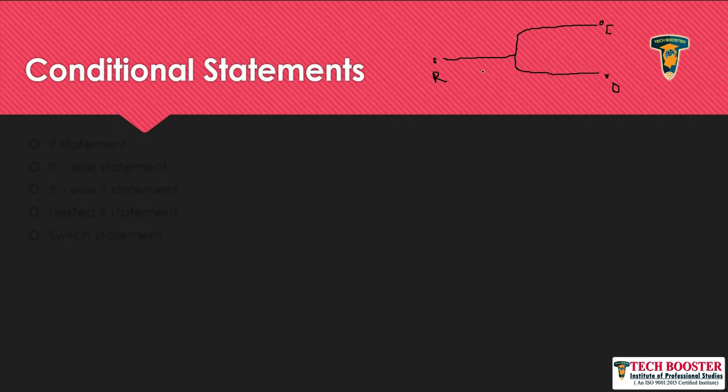Suppose you want to go to your college, first of all you will have to follow this particular track, and whenever you reach this point, you will have to take a decision whether you need to go towards left or towards right. If you follow your left route, you will go to your college, and if you follow your right route, you will go to your office.